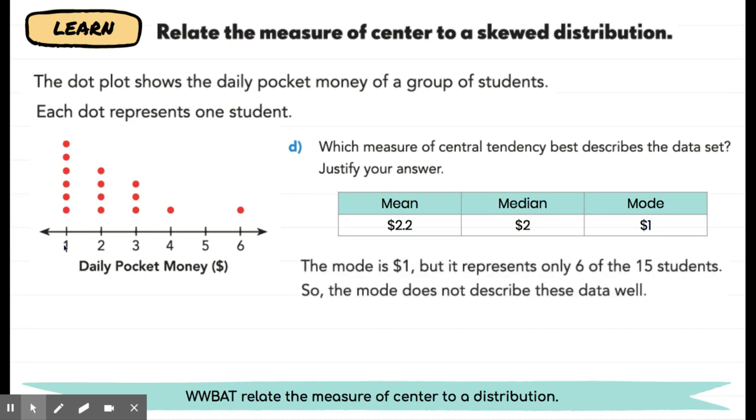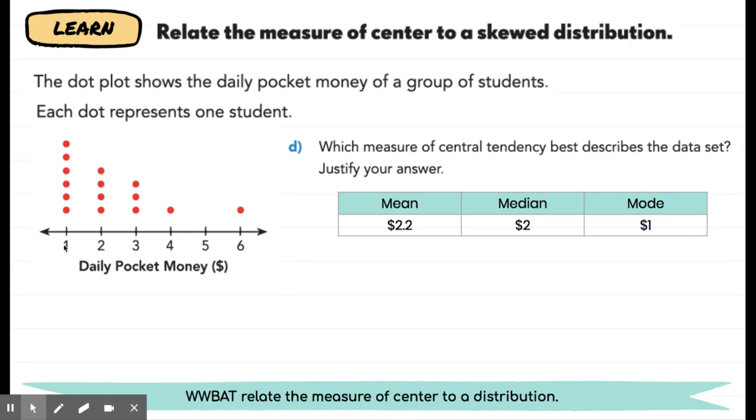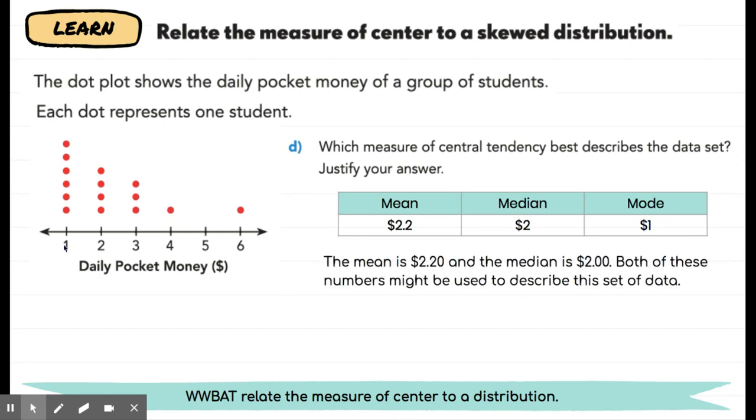The mode is $1, but it represents only 6 of the 15 students, so it's not describing this data very well. On the other hand, the mean is $2.20 and the median is $2. So both of these numbers, we can use them to describe this set of data.